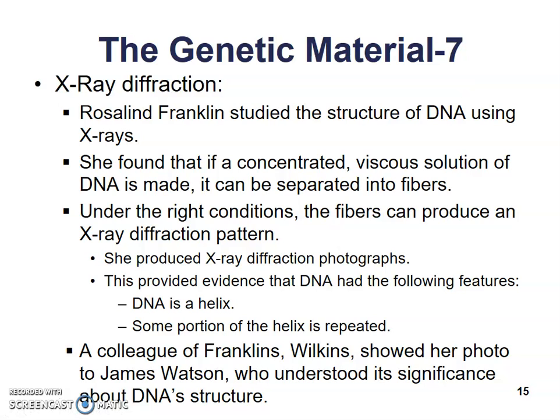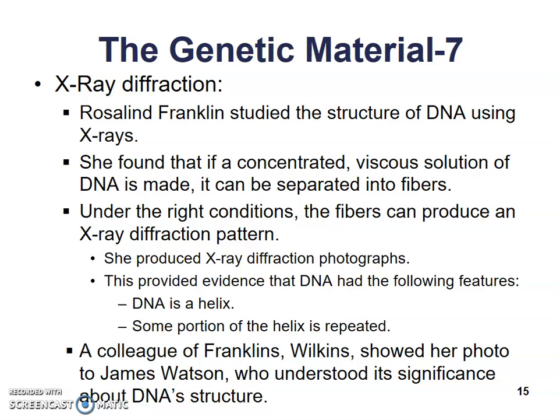X-ray diffraction. This amazingly awesome woman named Rosalind Franklin studied the structure of DNA using X-rays, and she found that if she concentrated a viscous solution of DNA, it can be separated into fibers, and then she could take an X-ray of it and figure out the shape of the DNA.